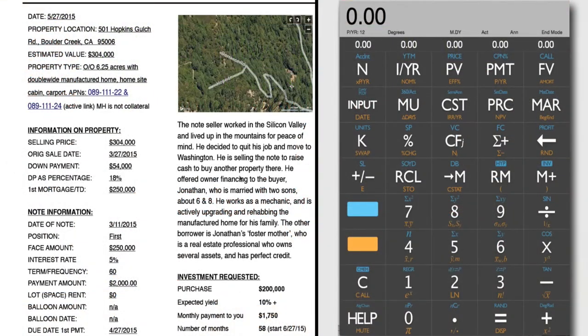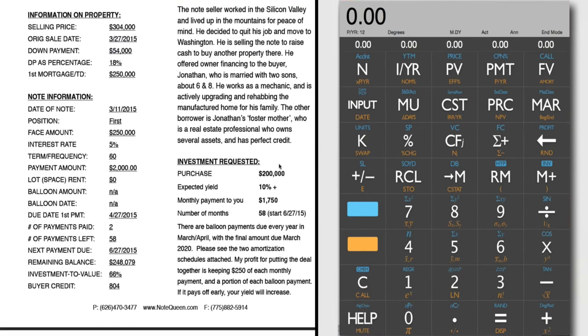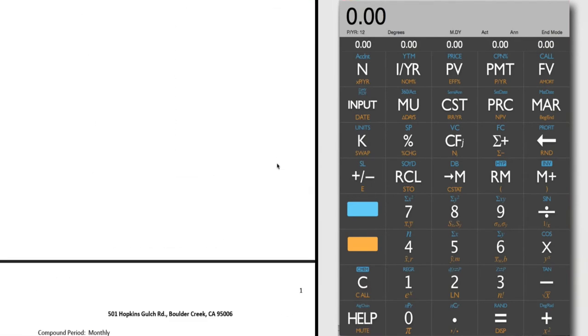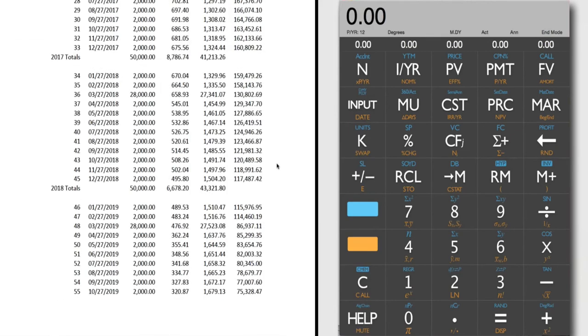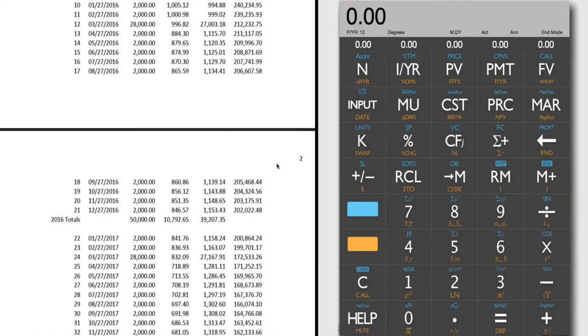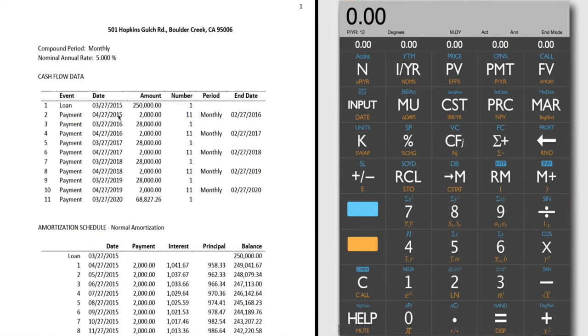This was a note where the purchase price was $304,000. They put $54,000 down. There's a $250,000 note. And here at the bottom is the amortization of the original note. So you can see that there was a loan of $250,000. They pay $2,000 a month.